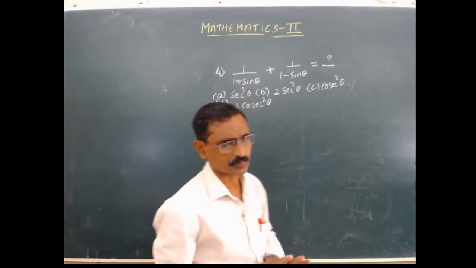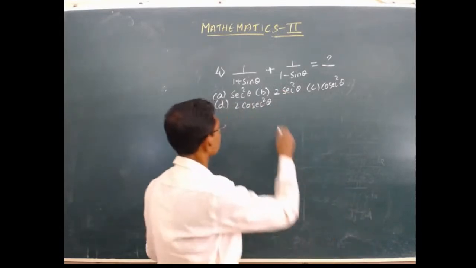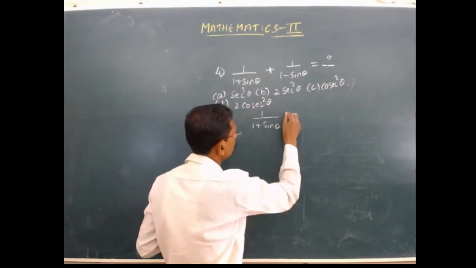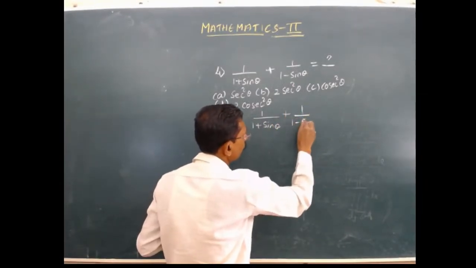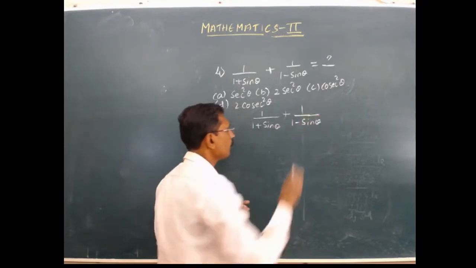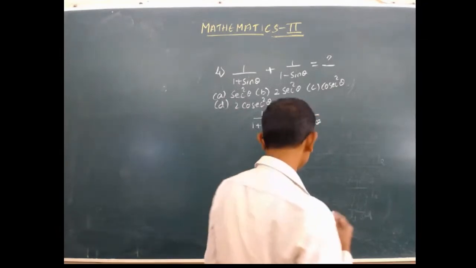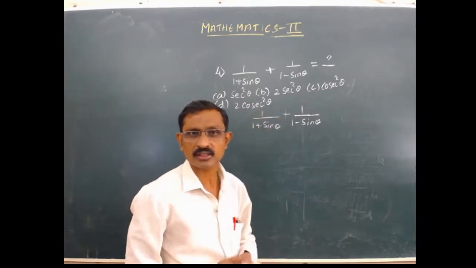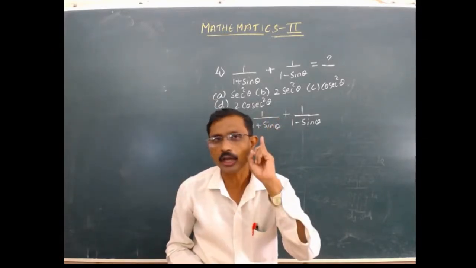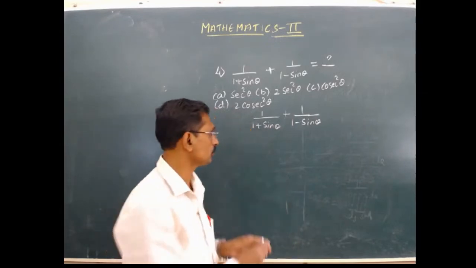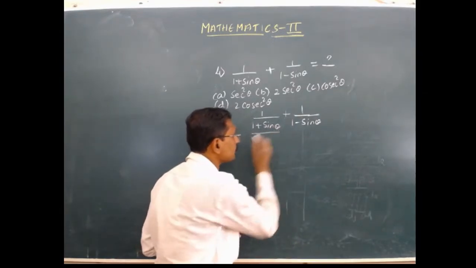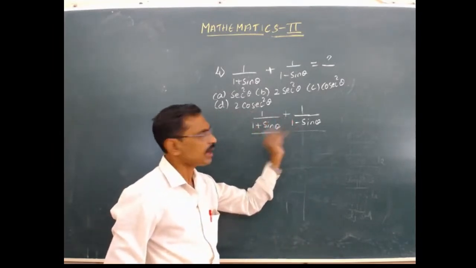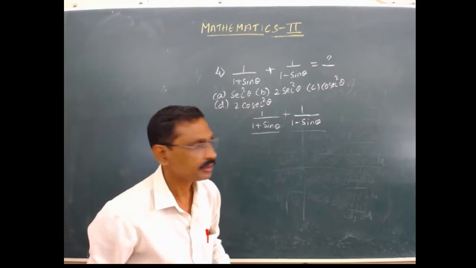Let me solve this. First I'll write the question. 1 upon 1 plus sine theta plus 1 upon 1 minus sine theta. Now looking at this, what are we going to do? If you carefully observe here, 1 plus sine theta and 1 minus sine theta, one is a plus sign and one is a minus sign.